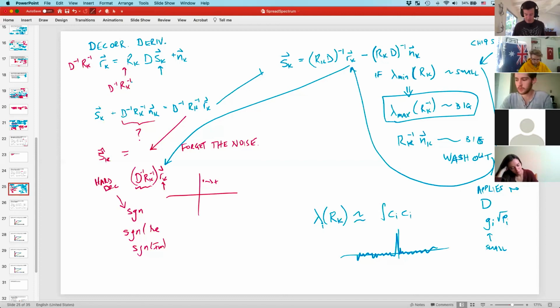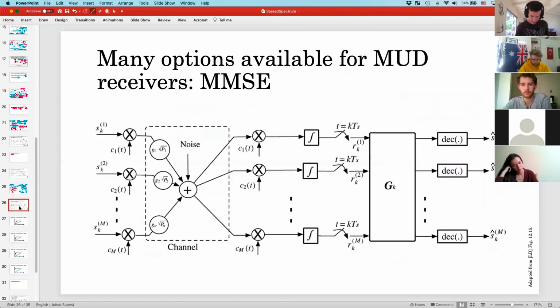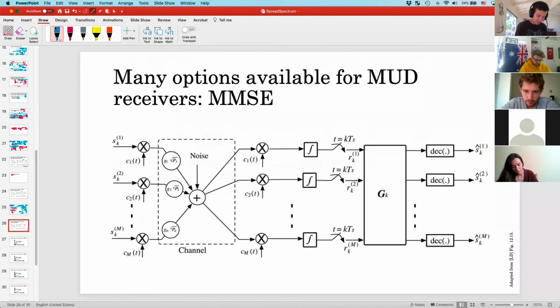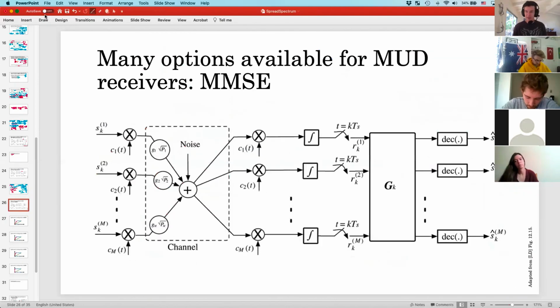Let's talk about another. And let's go back to our old friend, the minimum mean squared error solution, MMSE. The idea behind MMSE is we're still going to do an optimization problem, but a different one. We're not going to try to minimize the error probability.